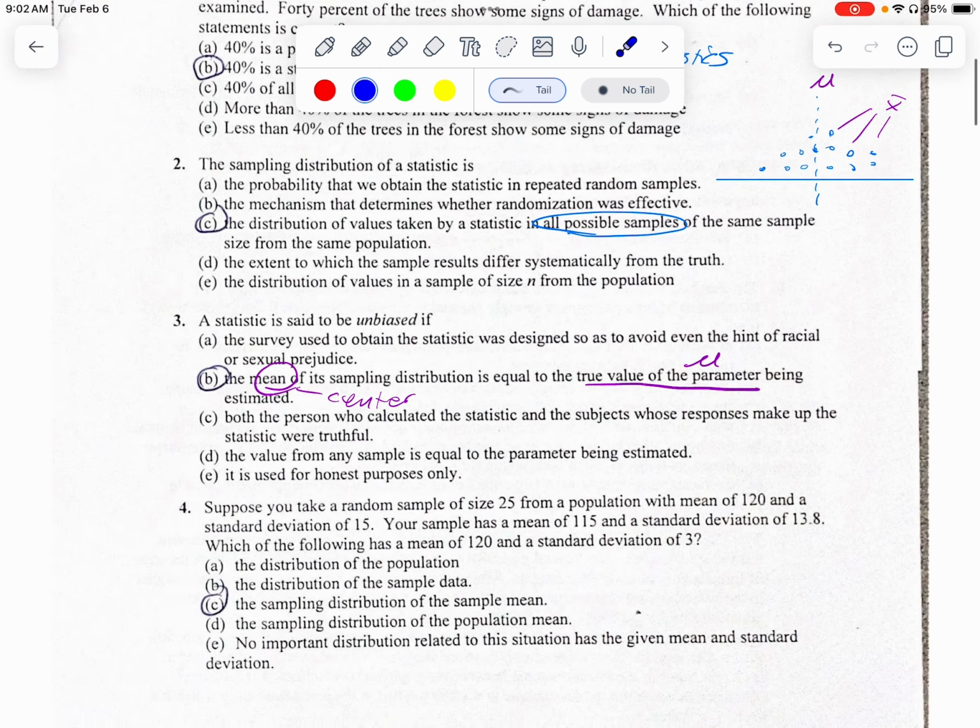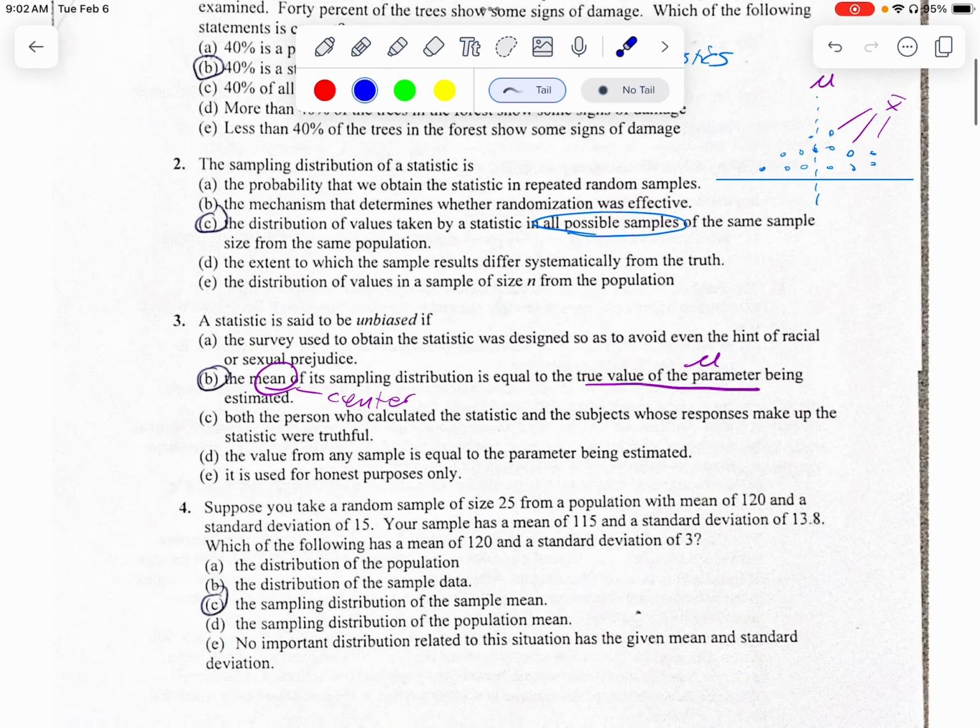That's not what we've ever done in this class, first of all. The distribution of the population, that would just be a repeat of this and this. That's not a sample, that's the whole population. So that would have a standard deviation of 15, not of 3.